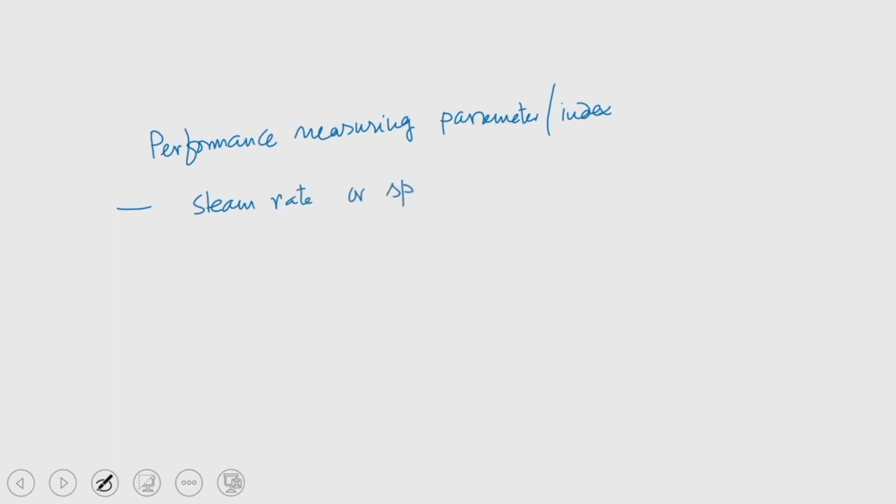So, accordingly here we can write the performance measuring parameter or index. One is known as steam rate or specific steam consumption.